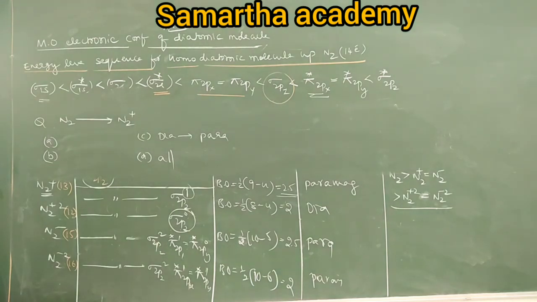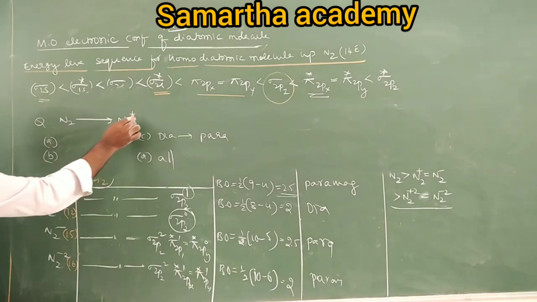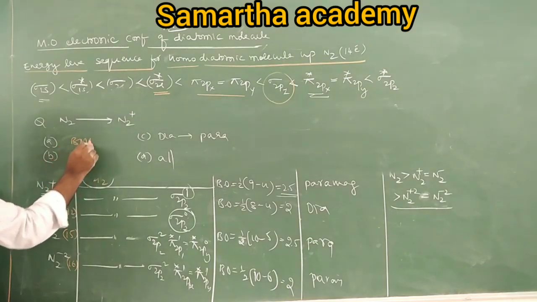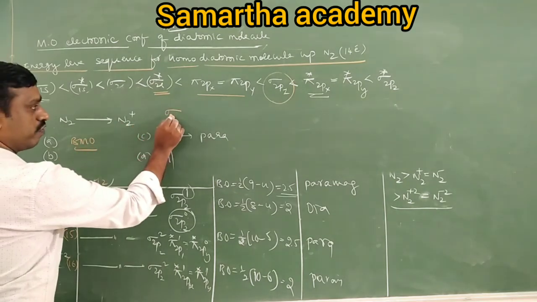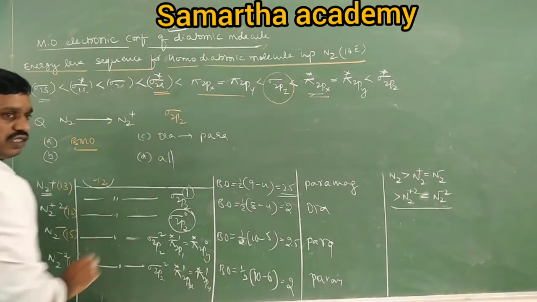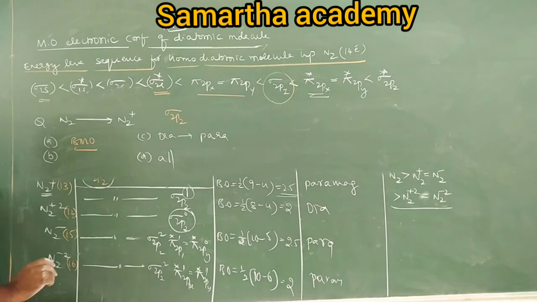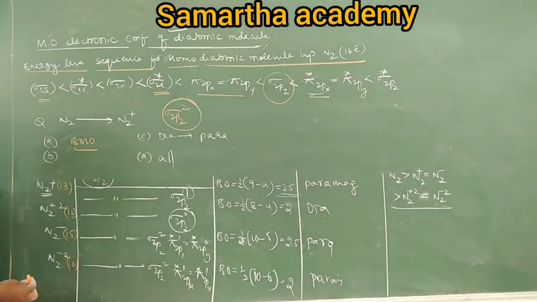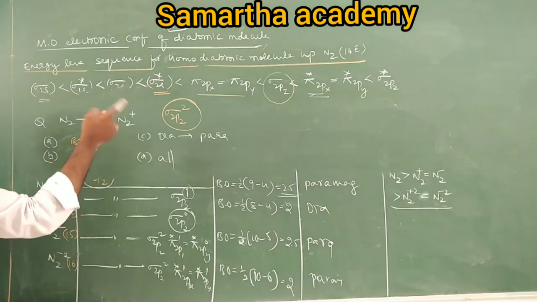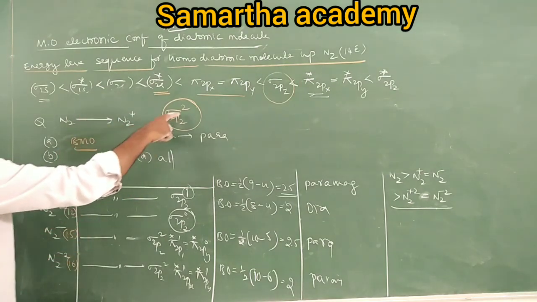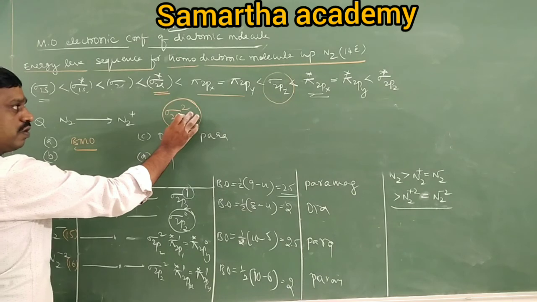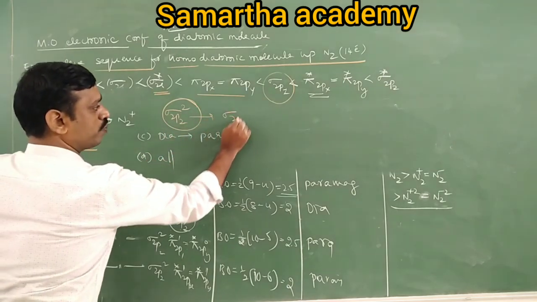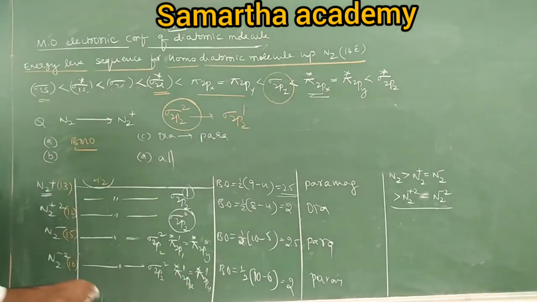When N2 converts into N2 plus, where is the electron removed from? BMO, no? Because N2 has lost an electron from sigma 2pz. In N2 there are 2 electrons present in sigma 2pz, so if you want to remove an electron, you must remove it from sigma 2pz2 only. Sigma 2pz2 becomes sigma 2pz1. So electrons are removed from BMO.